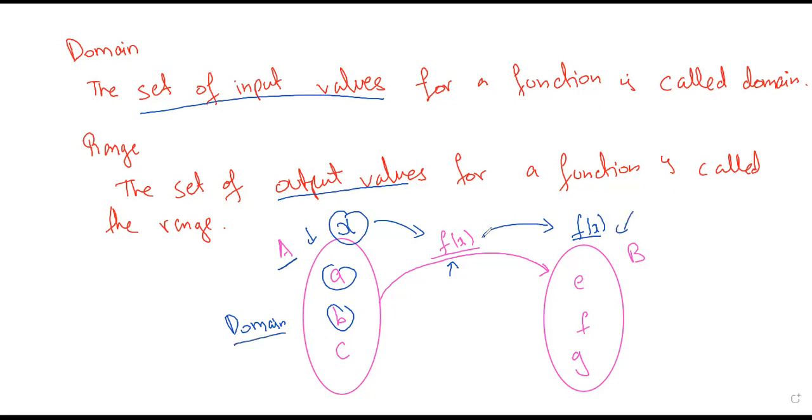That is the set of output values, and we call it the range. Is this okay? Do you understand what domain and range are? Please tell me. At times we call it codomain as well, but it's just a term. You can call it range or codomain, but the basic idea is the same.